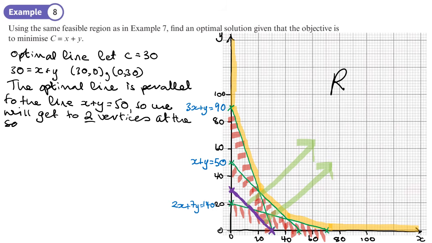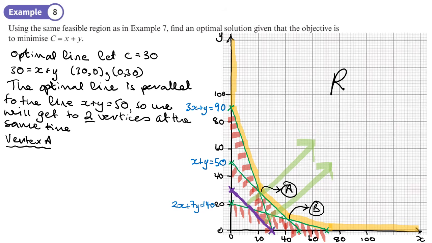Now when that happens, what we need to do is work out the coordinates of both and see which one optimizes the problem. So let's label these vertices. We'll call this one A and this one B, and we'll work out the coordinates of both and test them both. So let's start with vertex A.